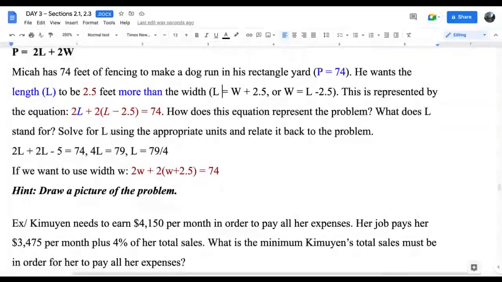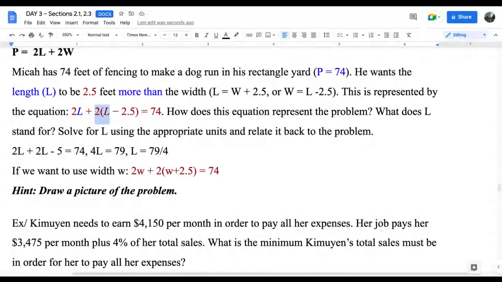So then we can make an equation. 2 times the length plus 2 times the width. The width is just L minus 2.5, right? Then equals 74. So 2 length plus 2 width equals 74. L stands for length, W stands for width.